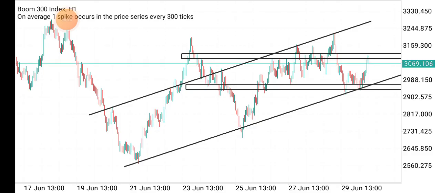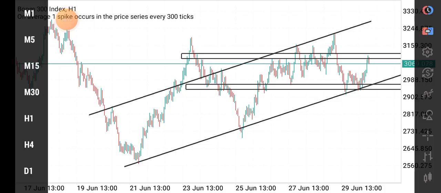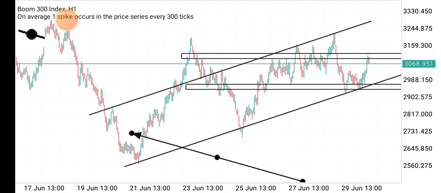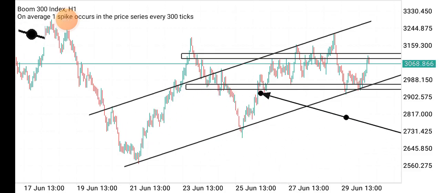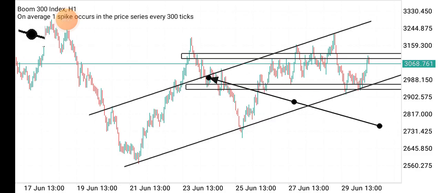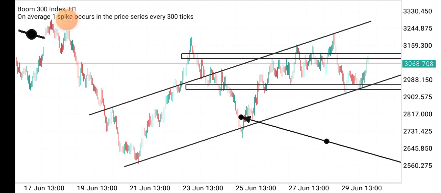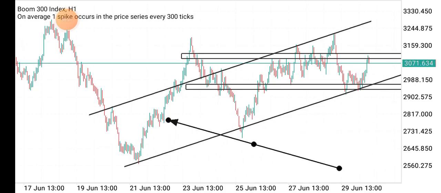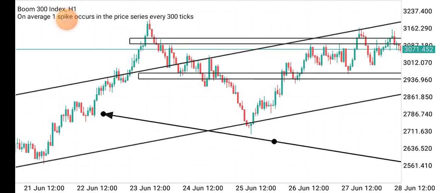You can see the market has been buying and selling within this channel, apart from this one that broke out, came back, retested this zone, then sold to the downside. This is a channel. If you can always find the market moving in a channel, wait for it to get to the next resistance or support zone, then get a good confirmation, then you enter the trade.